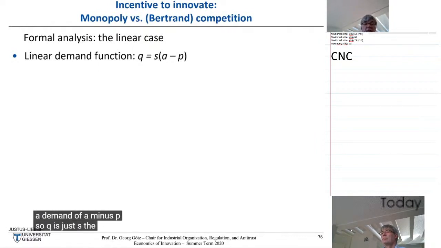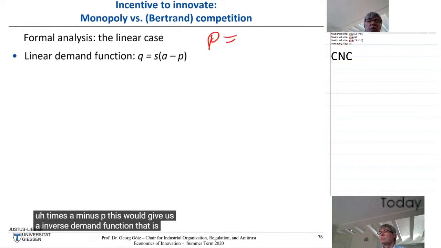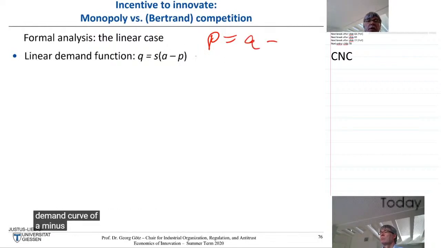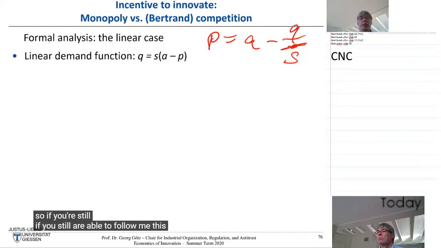So Q is just S, the number of consumers, times a minus p. This gives us an inverse demand function, that is a demand curve, of a minus Q over S.